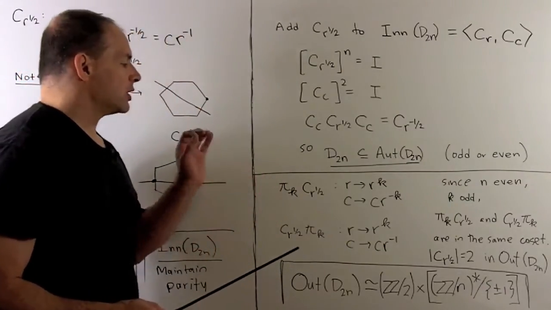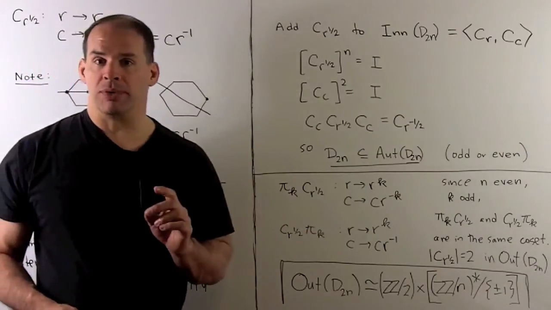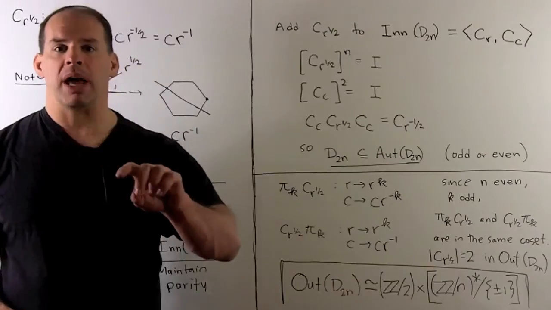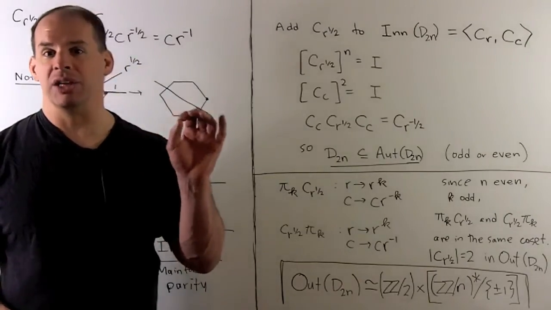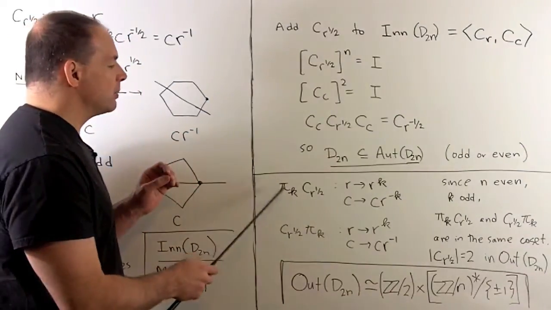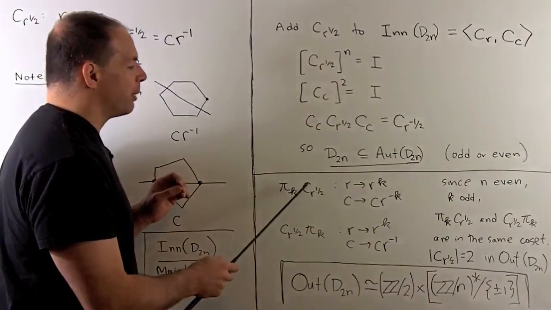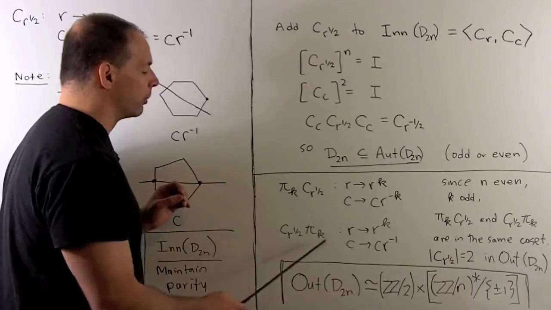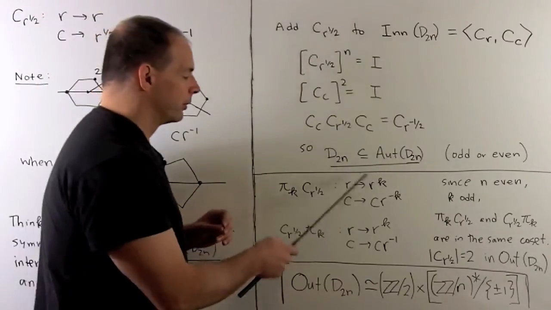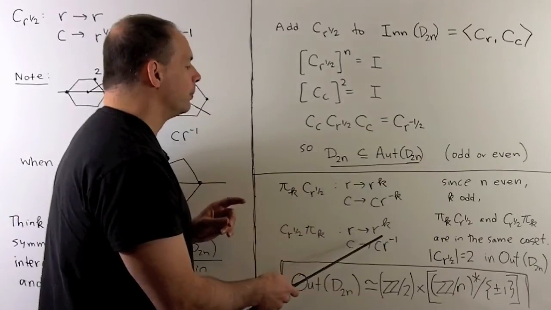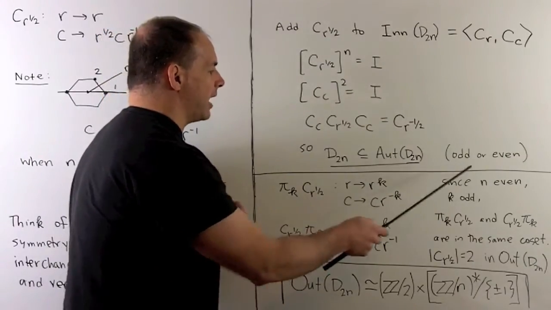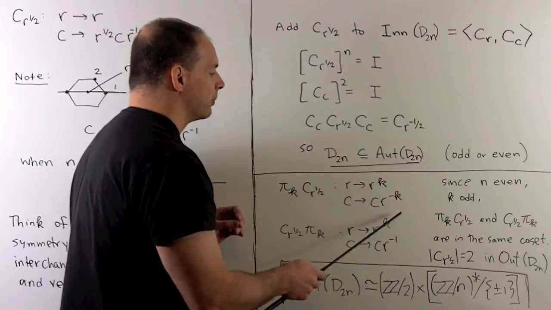Now, let's move to the outer automorphism group. So here we're going to consider elements as cosets by Inn G. I want to consider the product of pi sub k times conjugation by R to the 1/2 in either order. As automorphisms, these are not equal, but you'll note, since n is even, k is relatively prime to n, so that means k is odd.